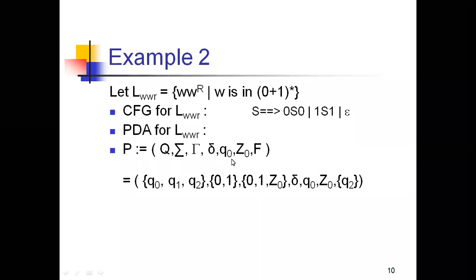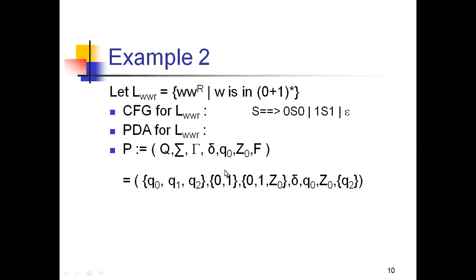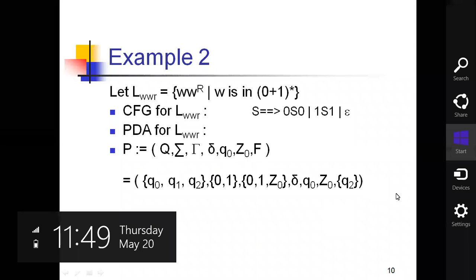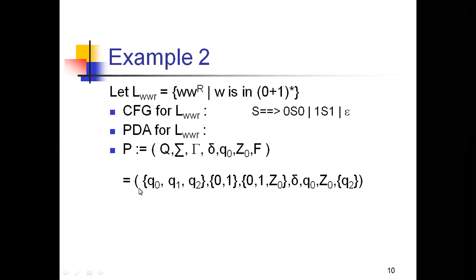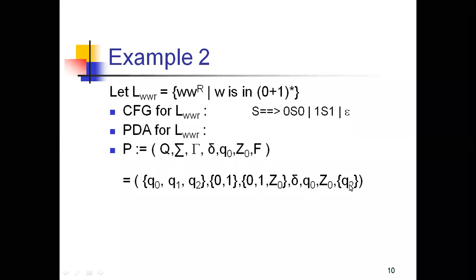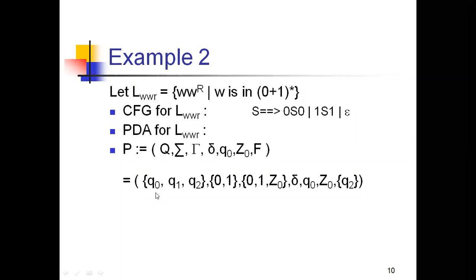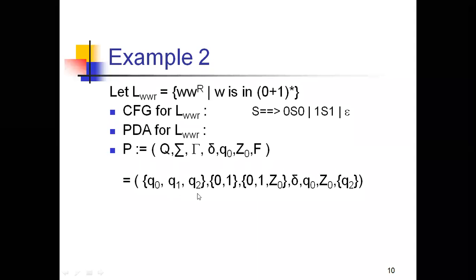q0 is the initial state, z0 is the stack initial symbol, and q2 is the final state. From q0, q1, and q2, we're taking q2 as the final state. How we define these three states and the final state, everything we did from the context free grammar. To accept such context free grammars, we designed the finite automata, and from the finite automata we get the states q0, q1, and q2, and finally we choose q2 as the final state.